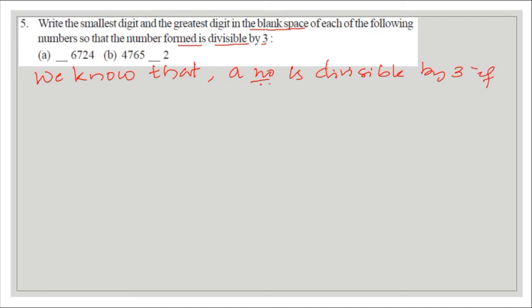We know that a number is divisible by 3 if the sum of the digits is divisible by 3. That is known to us.